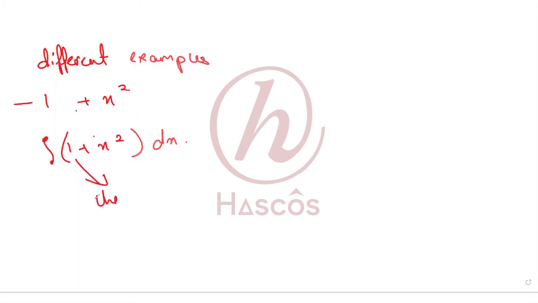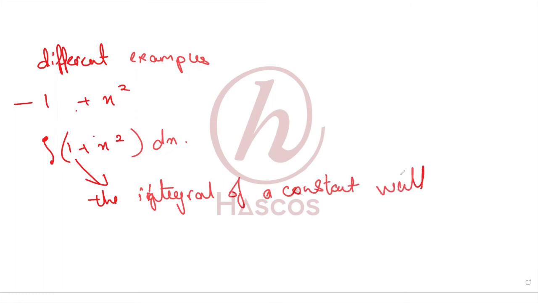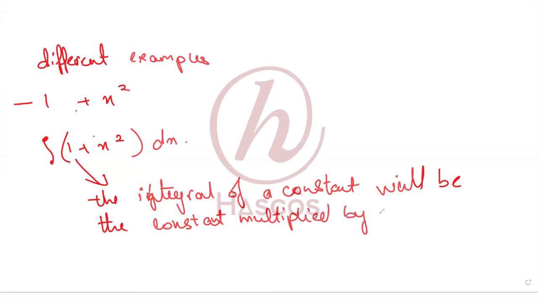Now this, we have a constant to integrate. The integral of a constant will be the constant multiplied by x.